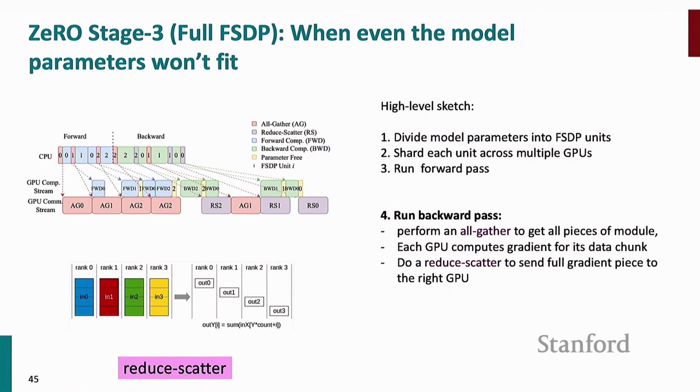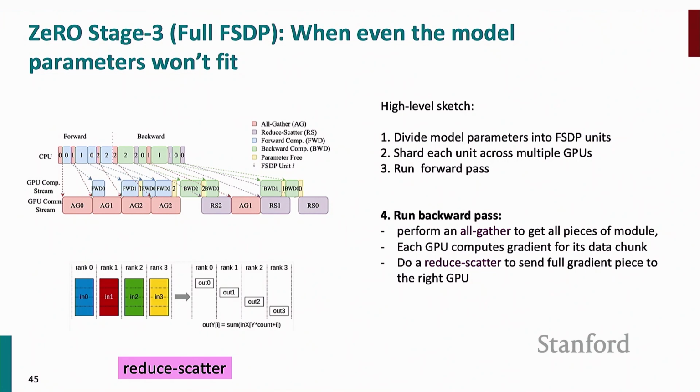That's the stuff in blue. While you're running a forward pass through the first layer, you're going to be smart about communication overheads, and prefetch the parameters for the next FSDP unit. Let's say layer 1 is a different FSDP unit. That's AG1, and you can see there is a little bit of overlap between forward 0 and AG1.